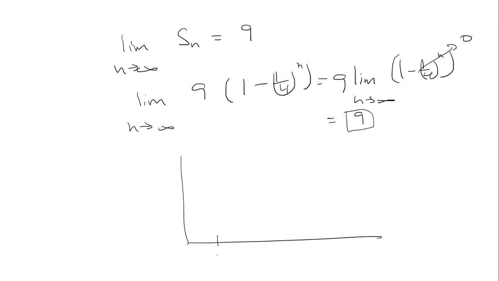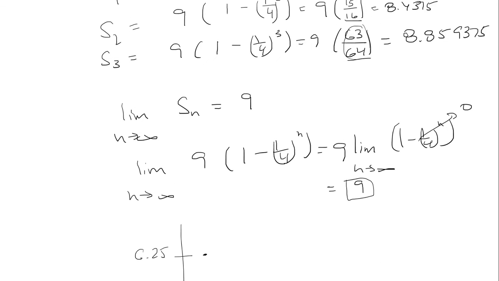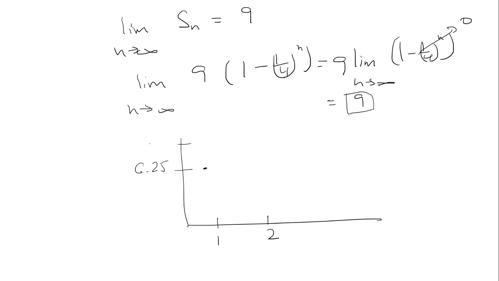They did ask us to graph it. When n was 1, we got 6.25. When n was 2, we got 8.4375.